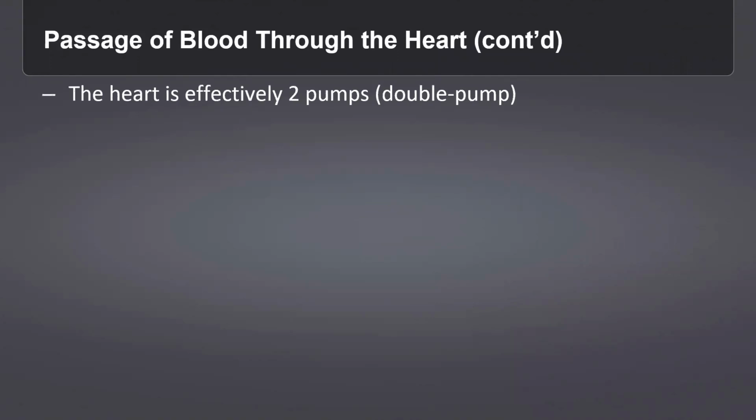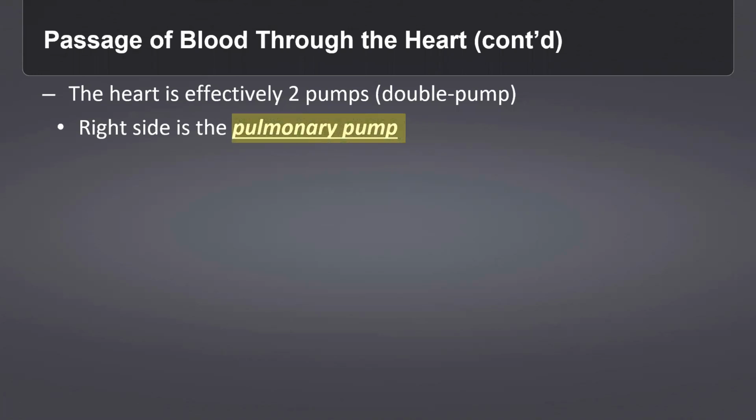So the heart is two pumps and therefore is called a double pump. The right side of the heart is called the pulmonary pump.